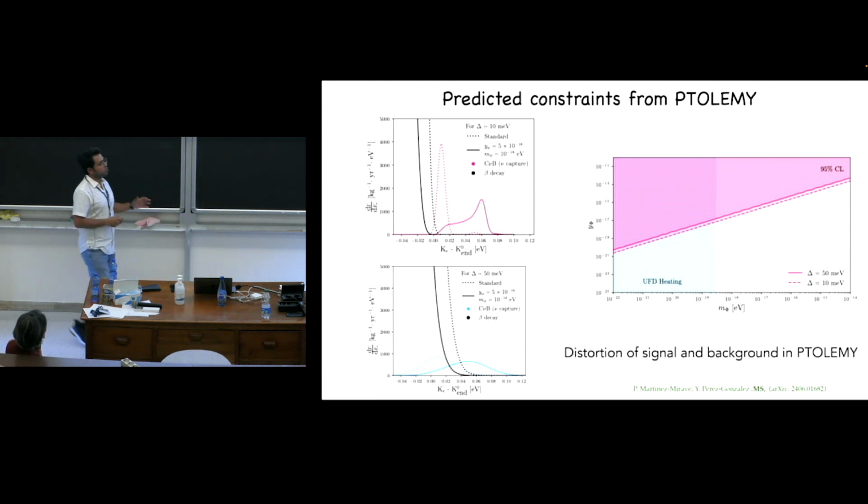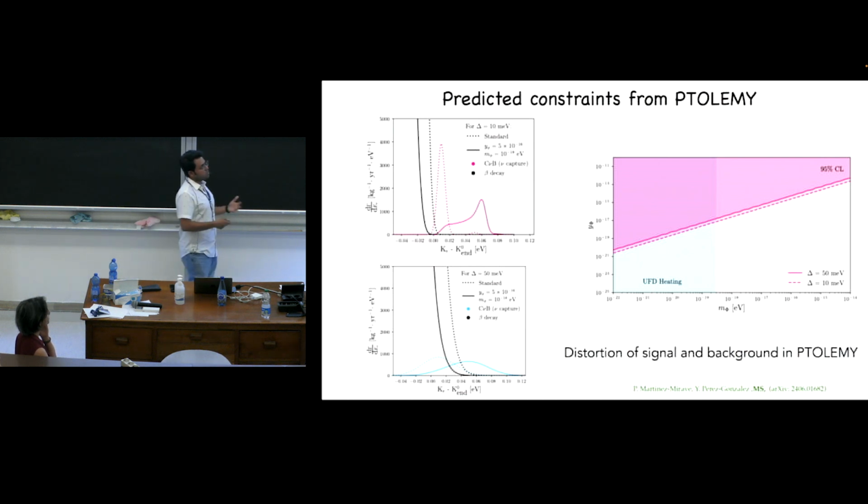To see what kind of effect it has, here we show the rate of capture in a PTOLEMY-like setup as a function of the endpoint energy. This red dotted line is what PTOLEMY might be expected to see with a very small and very optimistic energy resolution. Of course, this is plagued by the beta decay background, that, for example, Katrin would see. And this dashed line is what the beta decay background is like.